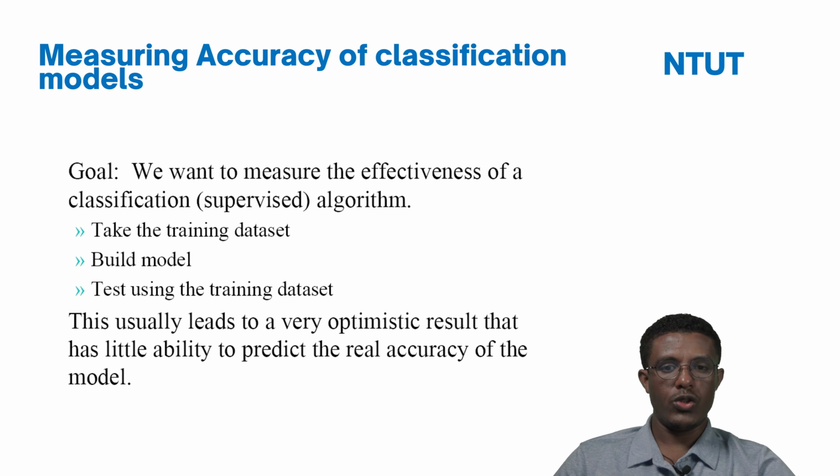To summarize, we saw different types of learning: supervised learning, unsupervised learning, semi-supervised learning, and reinforcement learning. We highlighted these and mentioned the differences between each type of algorithm.